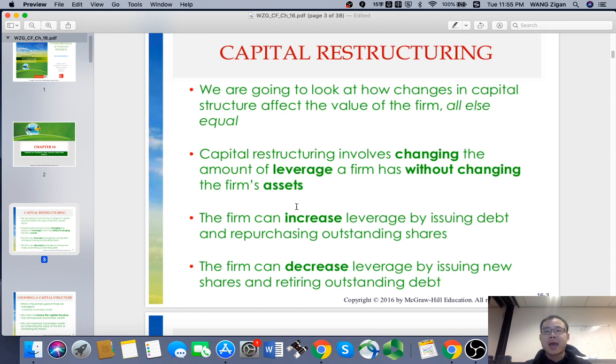So debt and equity are the two ways for the firms to finance themselves. Here we have a question: why do we borrow money? What is the advantage of borrowing money instead of having the stock equity investors?